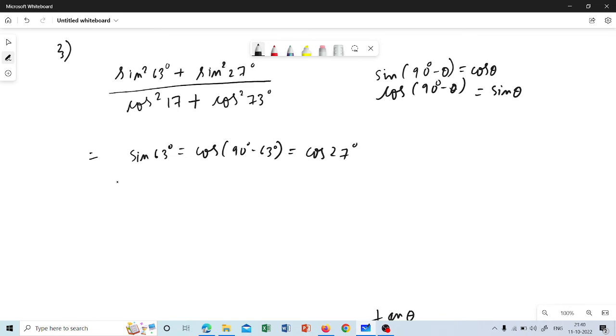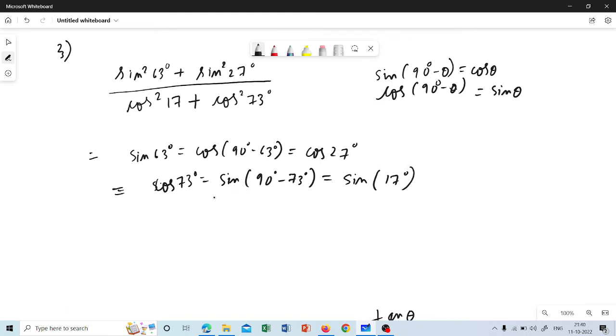So squaring it, I can write the numerator as cos square 27. Similarly, for the denominator, cos 73 degrees is nothing but sine of 90 minus 73 degrees, which is equivalent to sine of 17 degrees.